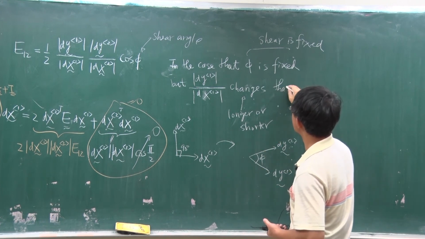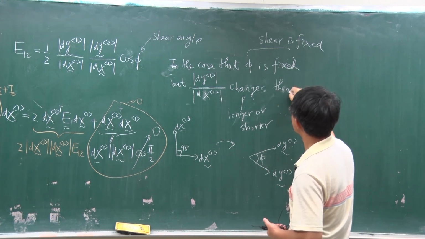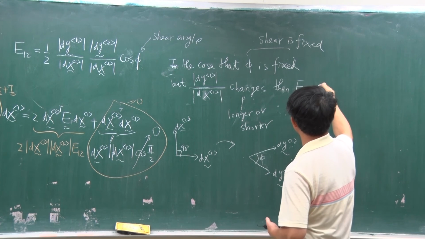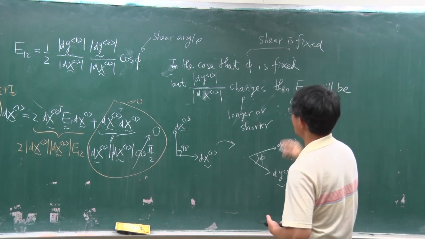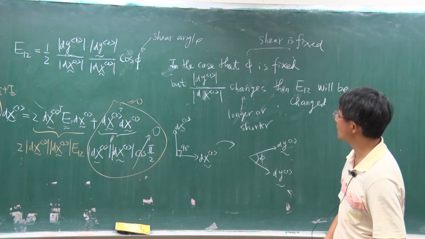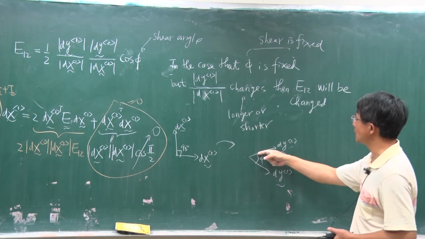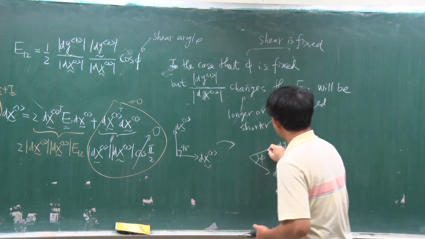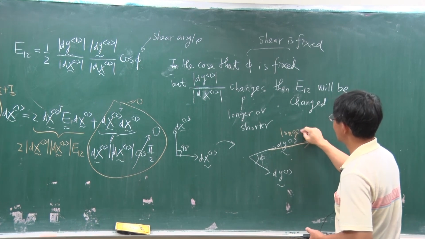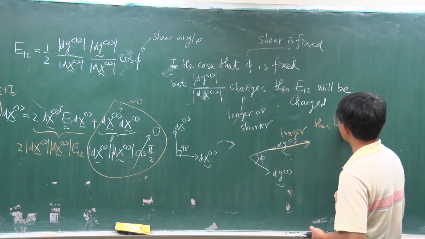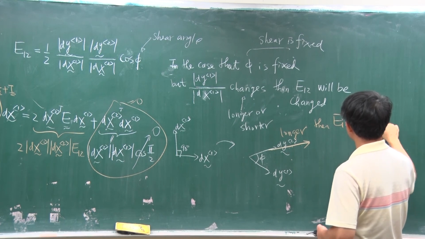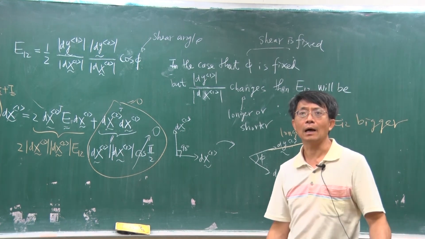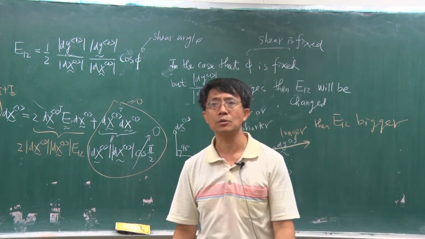Then it will be changed. What do you mean? You fix the angle, but you just pull the material line longer. Then E12 becomes bigger. How can this component be an appropriate measure of the shear strain?